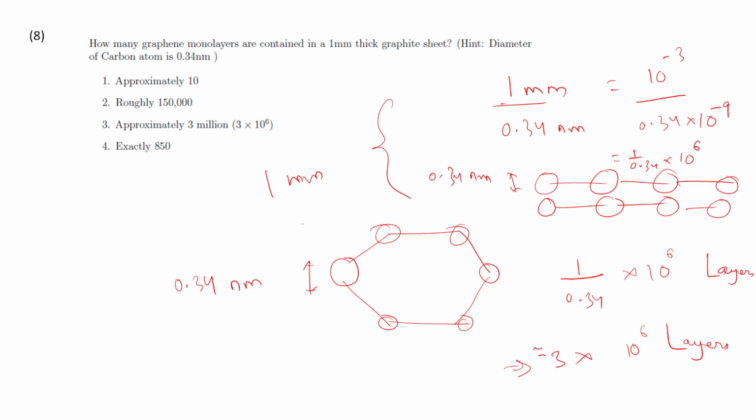So approximately 3 million monolayers will be there. That is the correct answer.